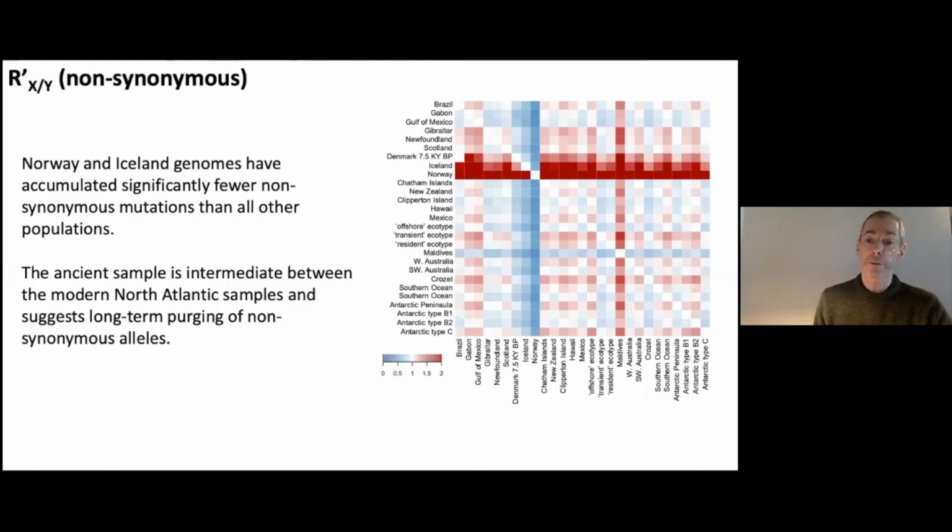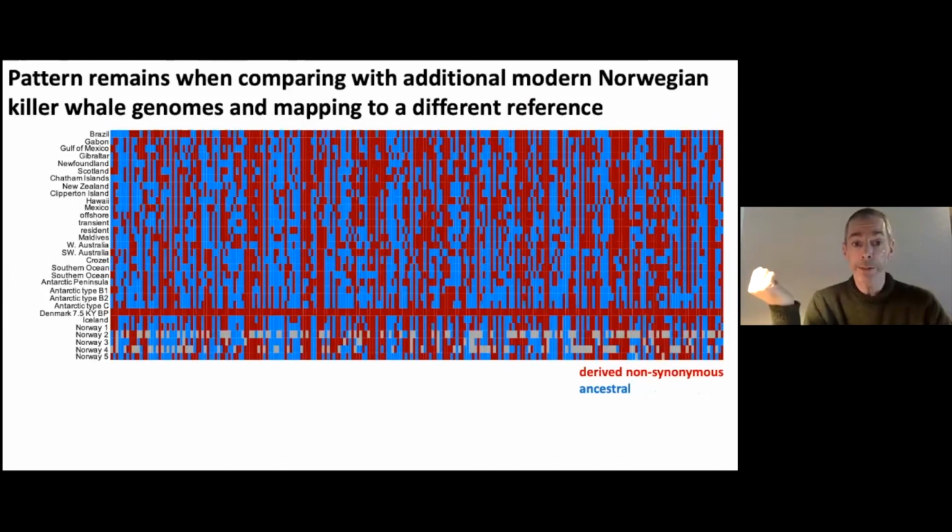Exposing these potentially recessive, likely deleterious recessive mutations in homozygous genotypes might expose them to selection, and we can see that process might bias, and we compare to some additional modern killer whales, and we see the same results.